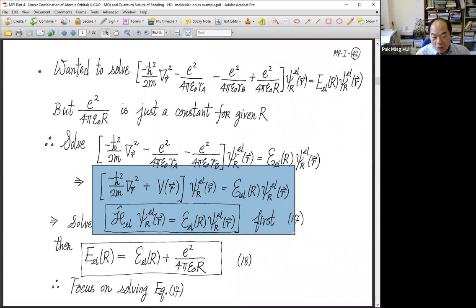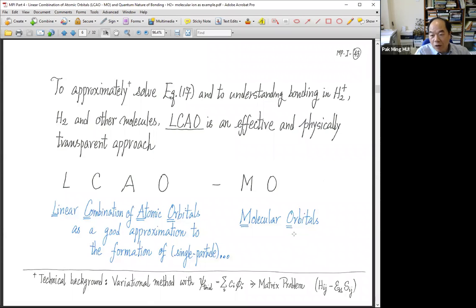Instead of solving this analytically and exactly, we will make use of what I would say is one of the most beautiful approximations in physics. It is called LCAO-MO. This is what the chemists call this approximation.